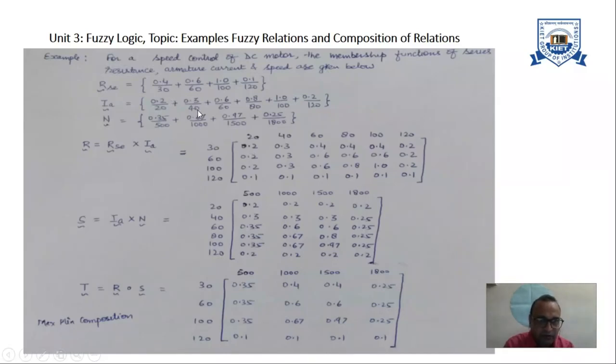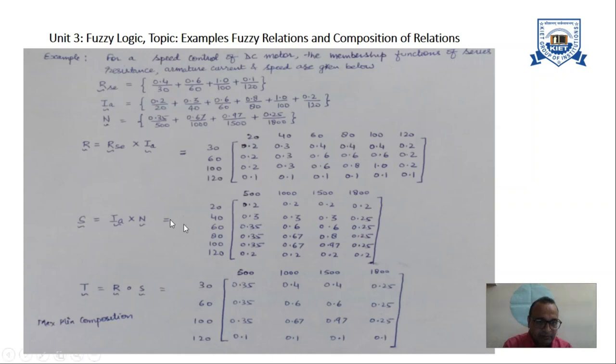For 30-40, the minimum value is 0.3. Similarly for 30-120, the minimum value is 0.2, so 0.2 is mentioned here. In the same way, we will populate the Cartesian product of the first two fuzzy sets, and that will establish a relationship between these two fuzzy sets.